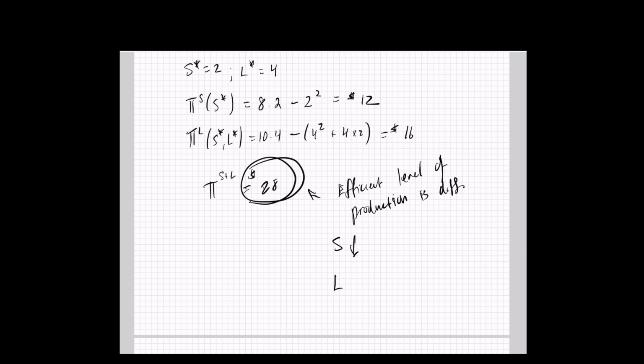Laundry, the recipient of that pollution, would go up in an efficient solution, right? And for society it's up $3 million, $3 billion, the difference between 25 and 28. This is the goal, right? This is what you capture from internalizing that environmental externality.